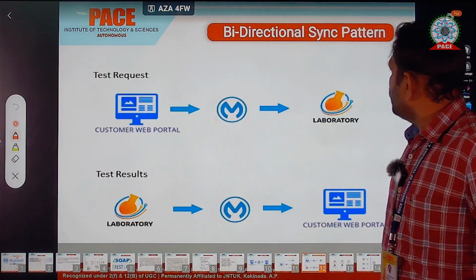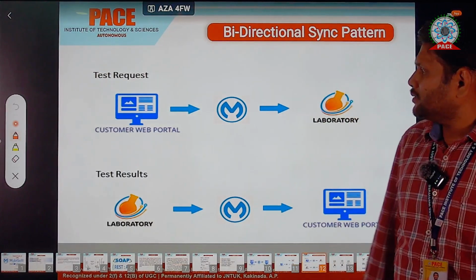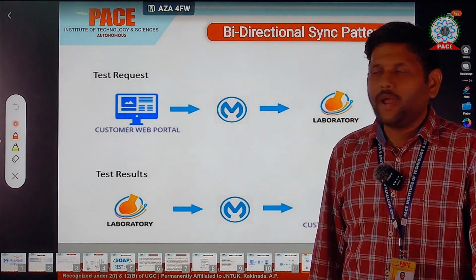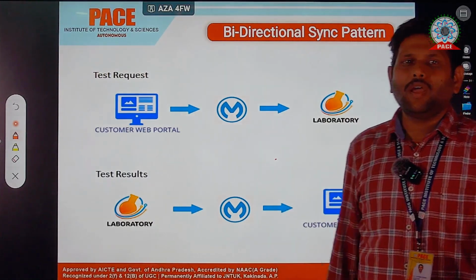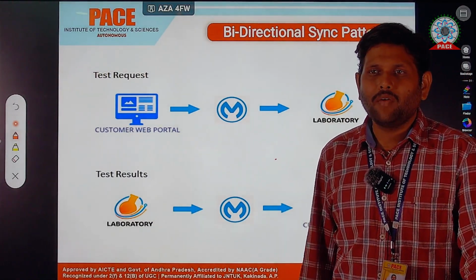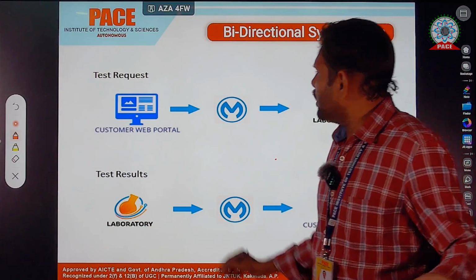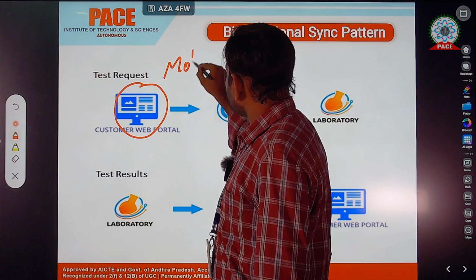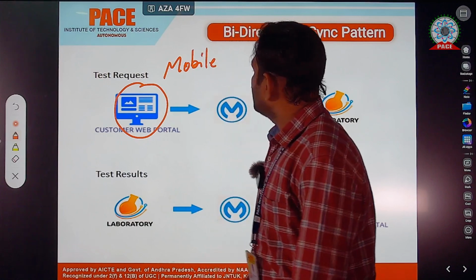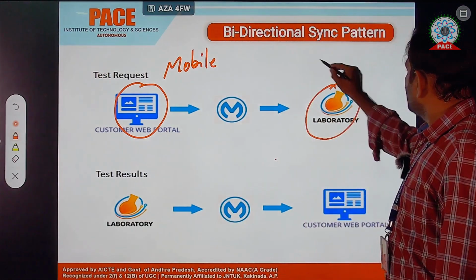And then you can see the bidirectional sync pattern. For this you can take a small example. Like in your mobile you have Google Contacts. Let's say this is our mobile, and this is Google Contacts.